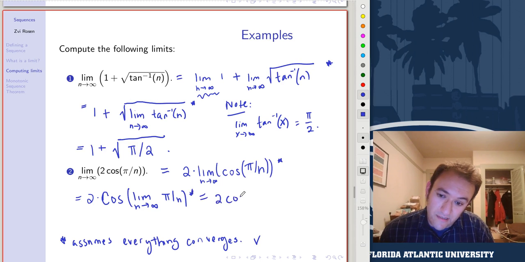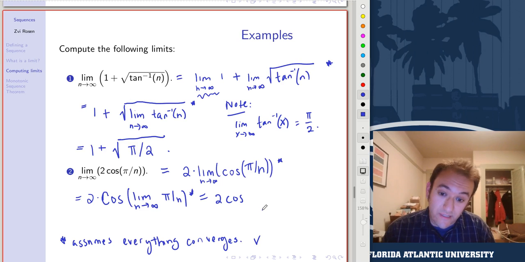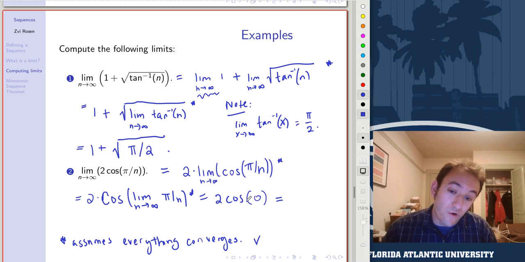And indeed, pi over n, you could interpret this as the integer points of the function pi over x. As x goes to infinity, that goes to 0. So too, this sequence converges to 0. Okay, which justifies the asterisks that we used here. And we know that the cosine of 0 is 1, so the answer here is 2.